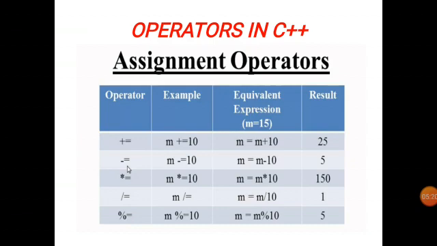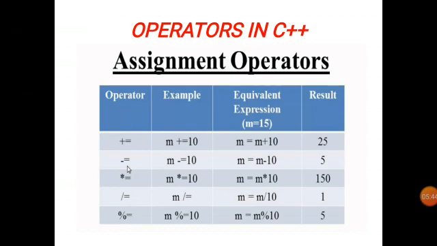Then assignment operators. Already we have seen arithmetic operators; they can be combined with assignment to a particular value, and that is called assignment operators. Plus equal to: m plus equal to 10 means m is equal to m plus 10. Here we have taken the m value as 15, so 15 plus 10 is equal to 25.